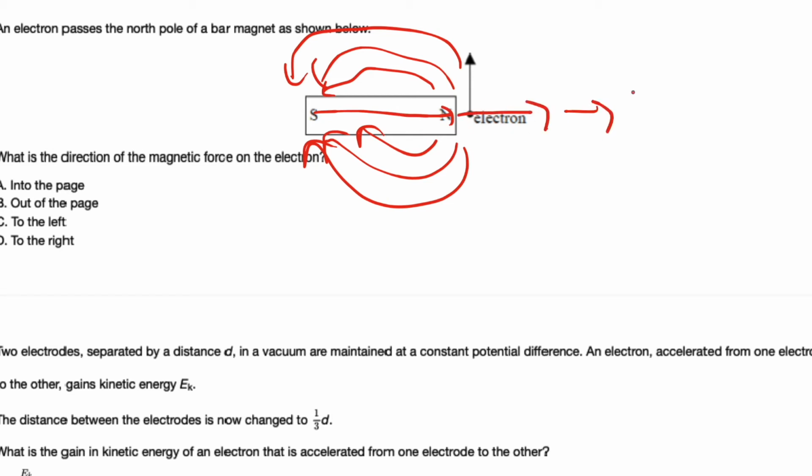Here the electron is moving in this direction, and the magnetic field is pointing this direction. So what is the force here? The force would point into the page if it were a positive charge, but because it is a negative charge, the force is going to point out of the page. So B is the answer.